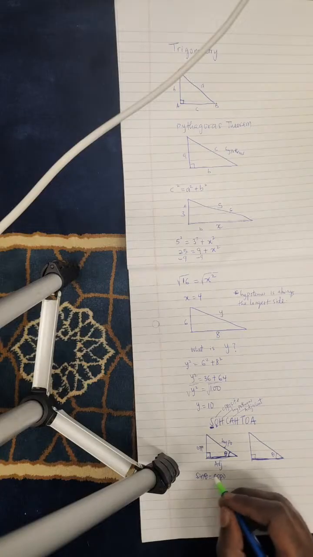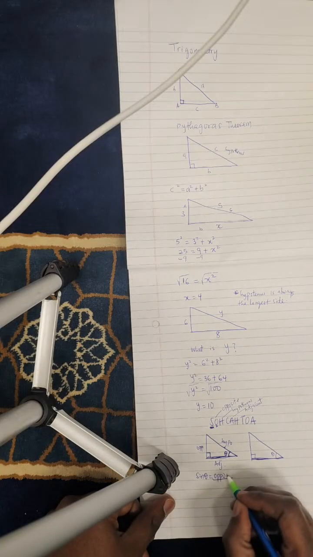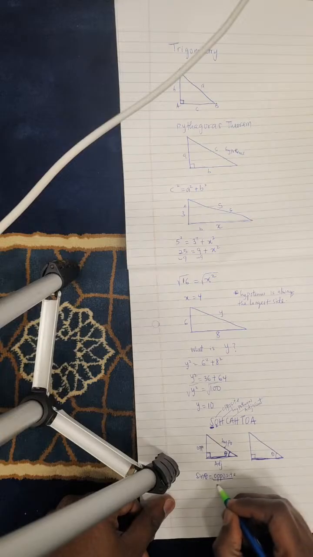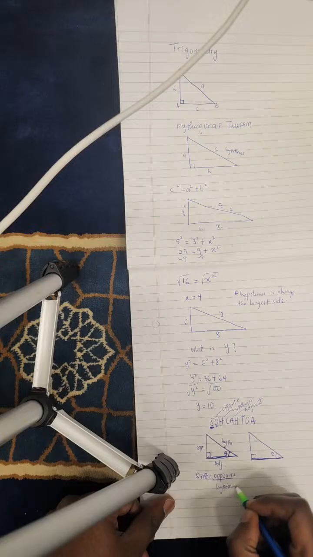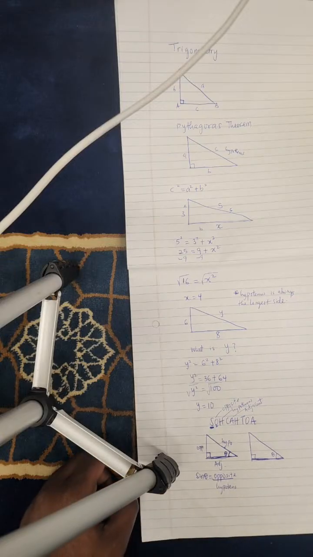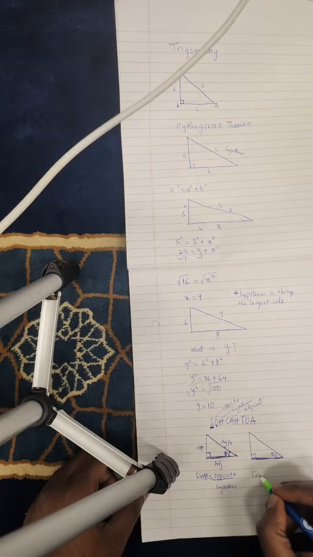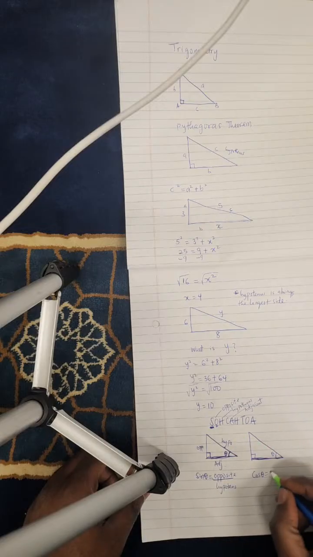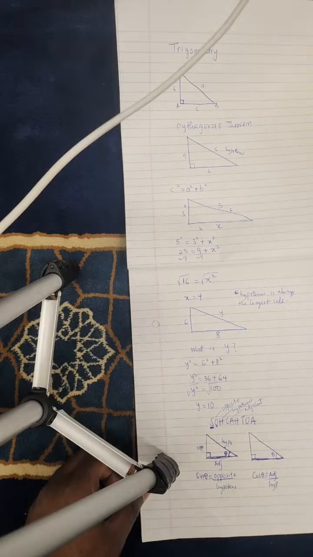Now, sine theta means opposite over hypotenuse. Okay? Cos theta means A, which stands for the adjacent, over the hypotenuse.